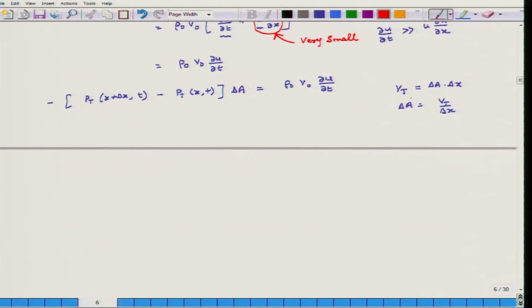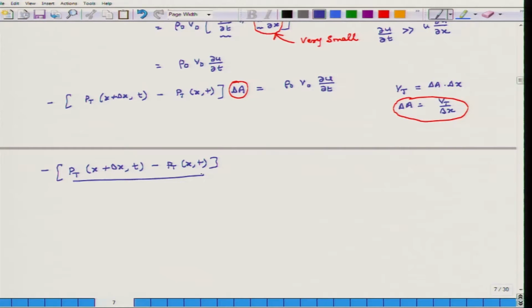So, I put this here and what I get is minus p(t, x plus delta x, t) minus p(t, x, t), divided by delta x times V t, equals rho naught v naught del u over del t.